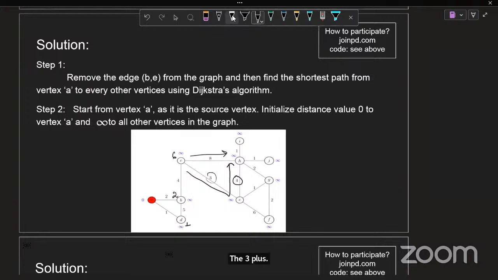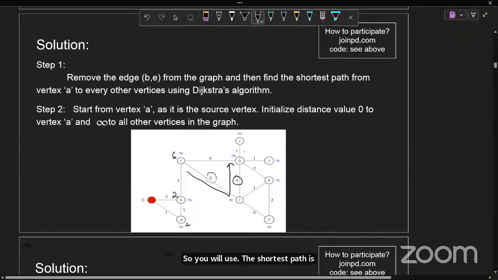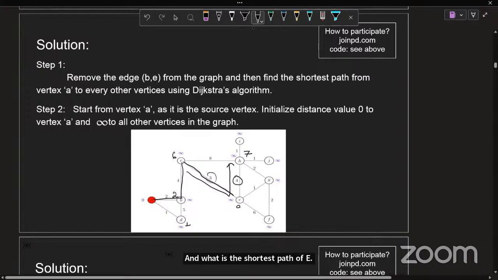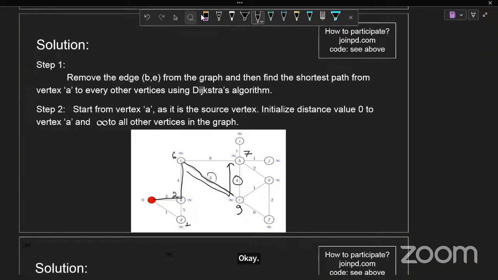So you will use the shortest path, which is 7. So we have used this way, and then this way. And what is the shortest path of E? 6 plus 3, that is 9. Okay. H should be 13, not 7. Yeah.